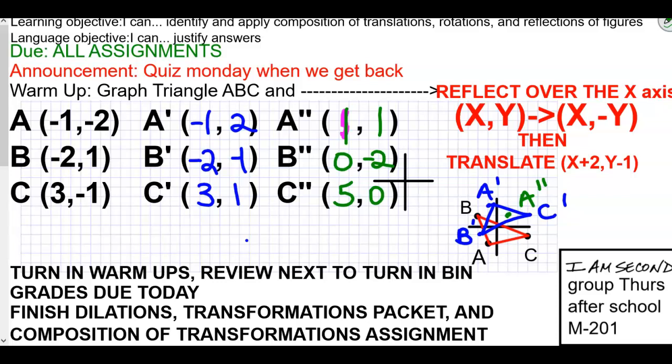B, 0, -2, start at the origin again. 0 stays put, goes down 2. That's where the new B is, and C is 5, 0. Start at the origin, 1, 2, 3, 4, 5 stays here for the 0. Connect those coordinates. And look how pretty that looks.